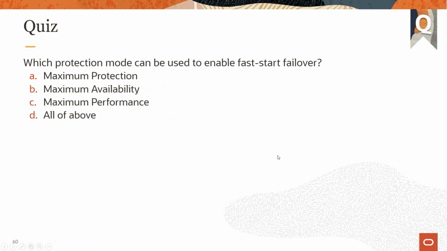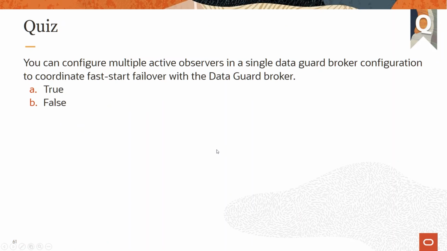So we have a quiz here. Which protection mode can be used to enable fast start failover? Maximum protection is possible, maximum availability is possible, maximum performance is possible. So the answer is all of the above. And also you can configure multiple active observers in a single DataGuard broker configuration to coordinate fast start failover with a DataGuard broker.